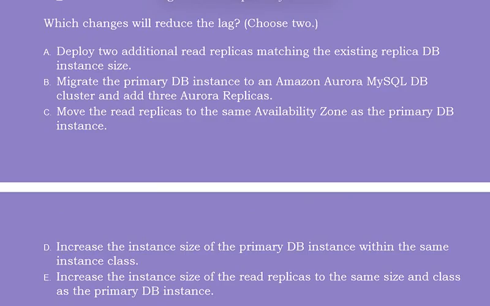Option C. Move the read replicas to the same availability zone as the primary DB instance. Option D. Increase the instance size of the primary DB instance within the same instance class. Option E. Increase the instance size of the read replicas to the same size and class as the primary DB instance.